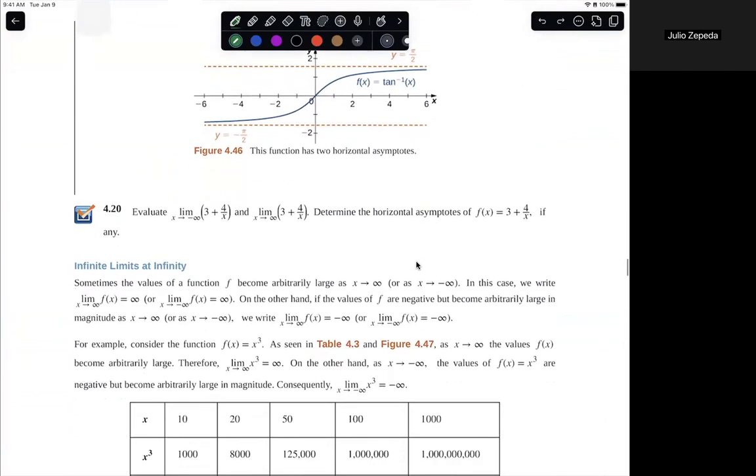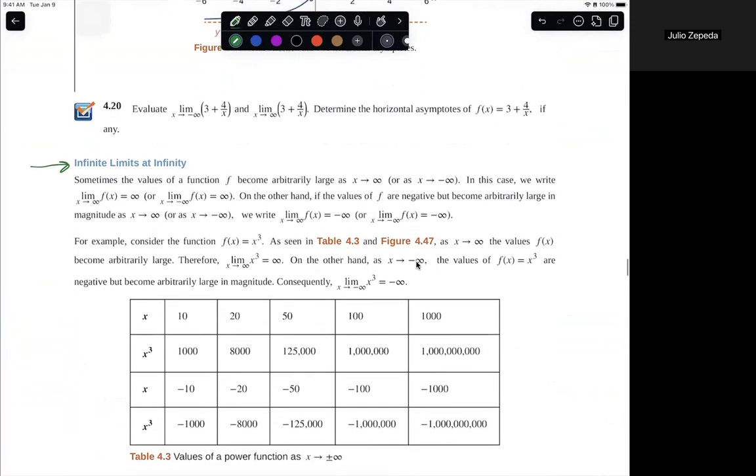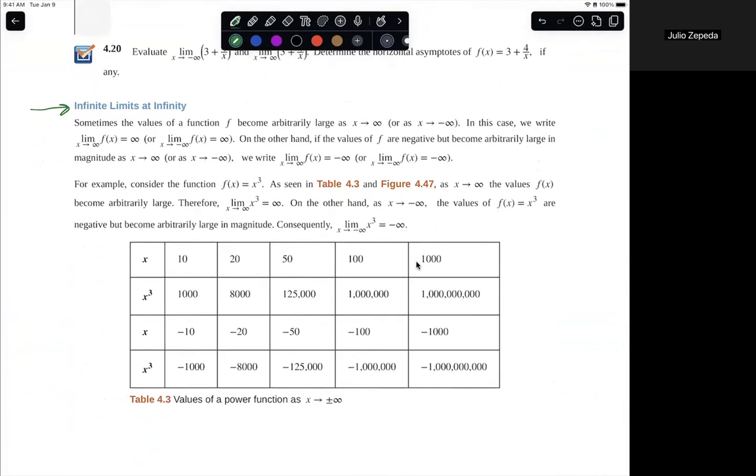We will continue. So what if the behavior at infinity is that your function doesn't actually approach a single value, like pi over 2? We could have infinite limits at infinity. And so sometimes you increase x without bound. So x is increasing here from 10 to 1000. And you see that f of x, the function, ends up just increasing a whole lot too.